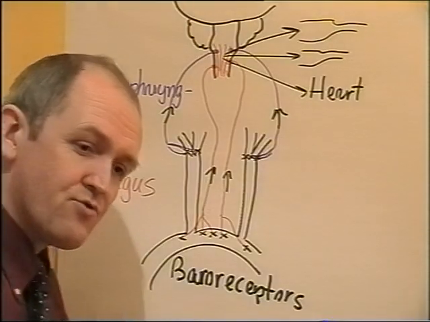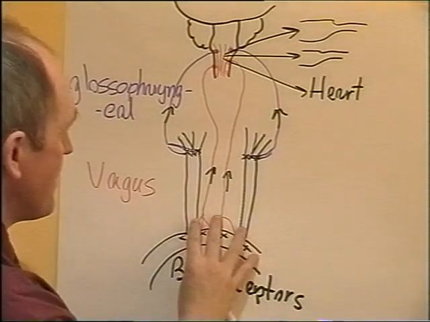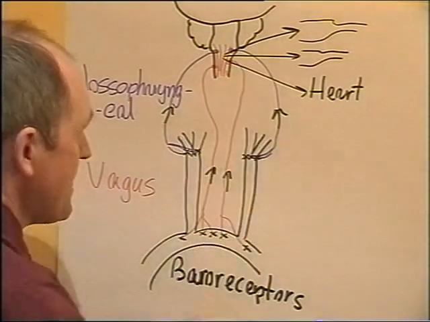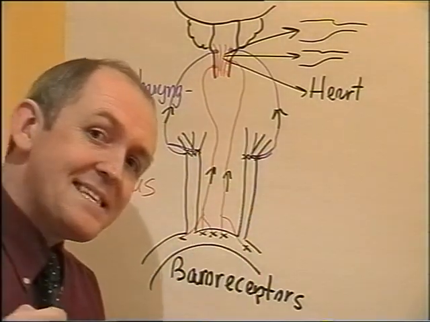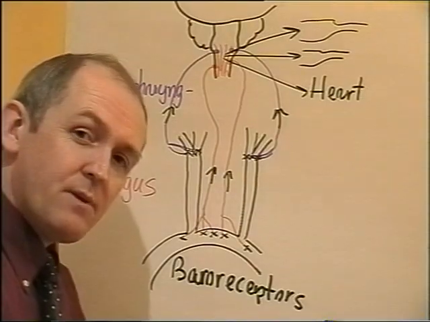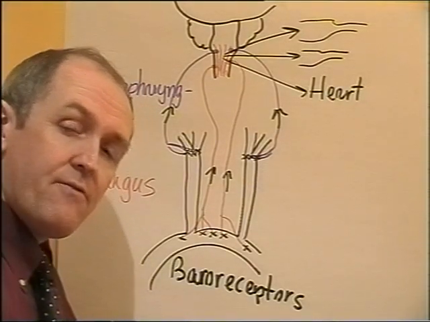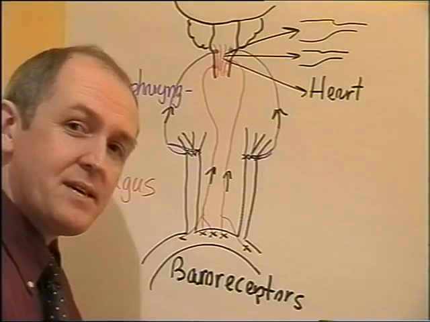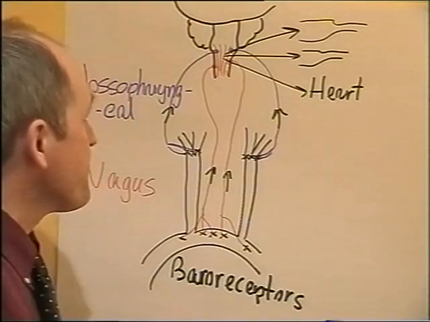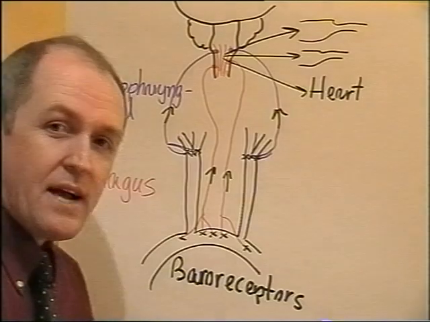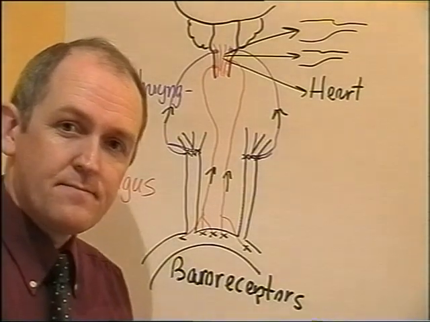However, if the blood pressure drops, fewer impulses travel up the nerves to the brainstem, so there is less inhibition of the vasomotor center by baroreceptor impulses. Therefore, there will be an increased sympathetic outflow from the brainstem to raise blood pressure.